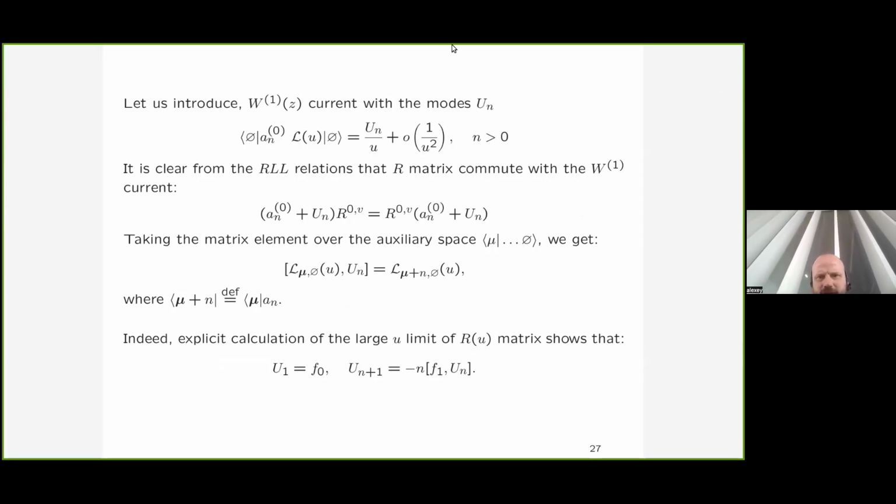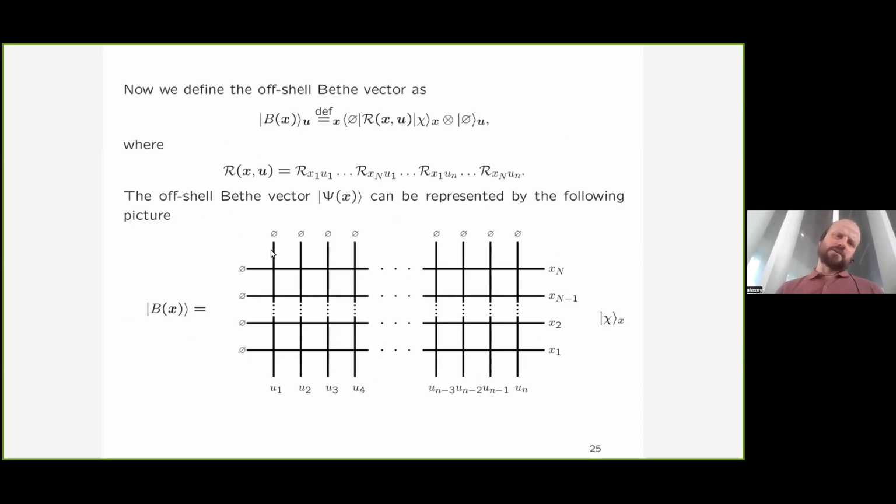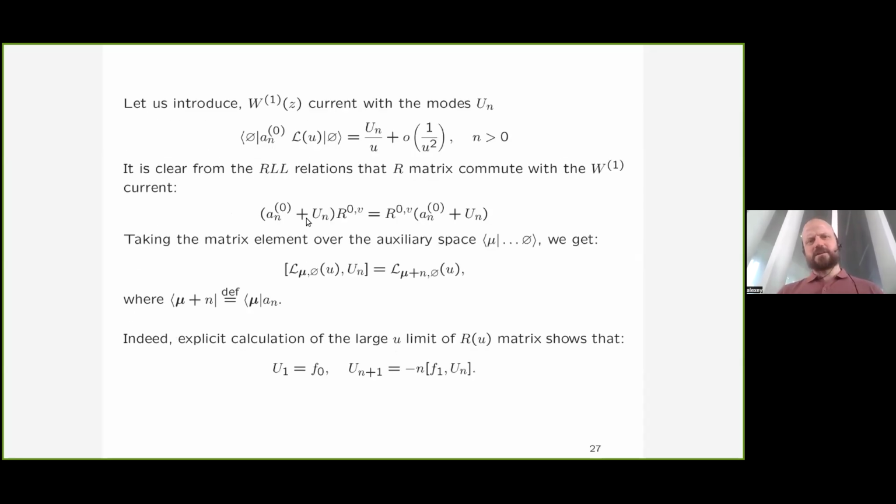Let's find the mode of the U1 current. Then the commutation relations of the R matrix imply that the following R matrix, which is basically this thing, a product of R matrices, so it's just one site times n sites R matrix, satisfies the following commutation relations.